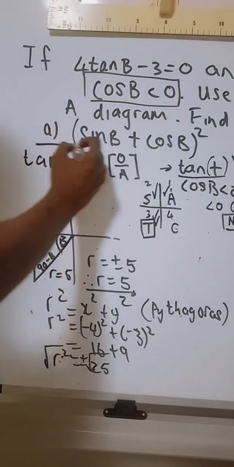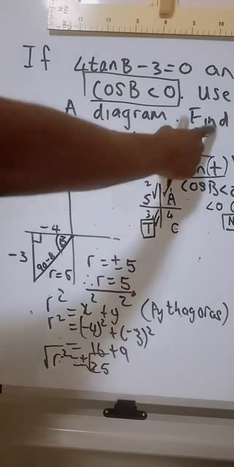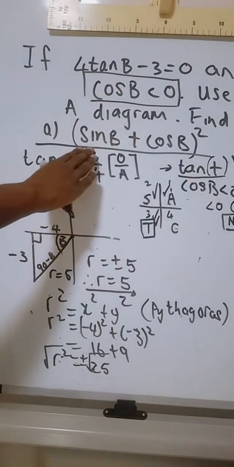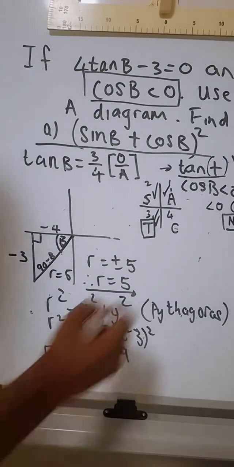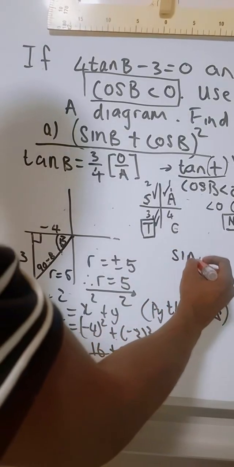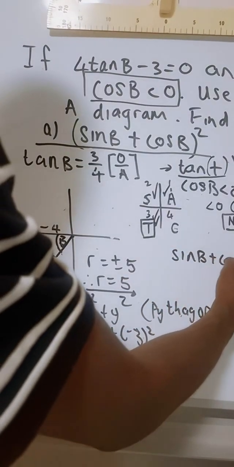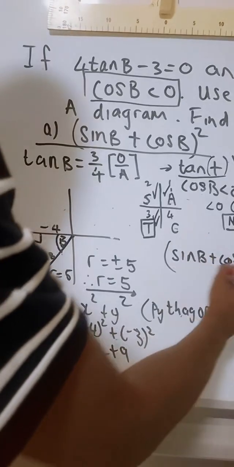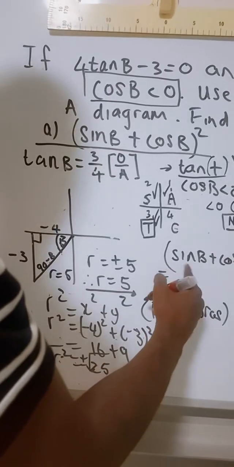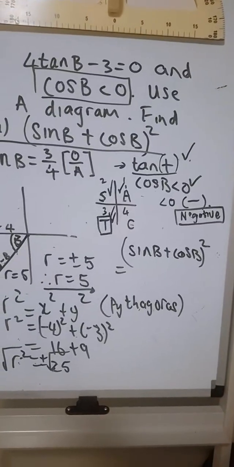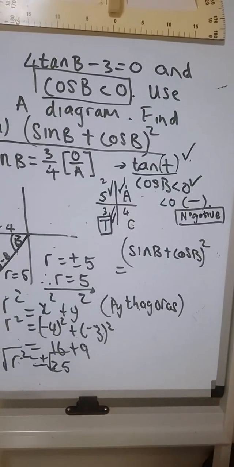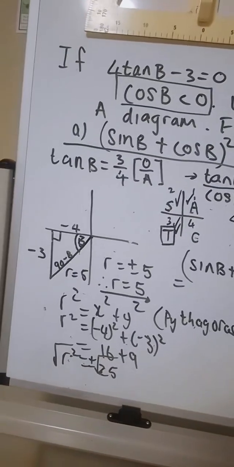Now we can answer the question, which was to find the value of (sin B plus cos B) squared using the diagram. So all we do is write (sin B plus cos B), and then we square. We go to the diagram and read from it what sin B is.